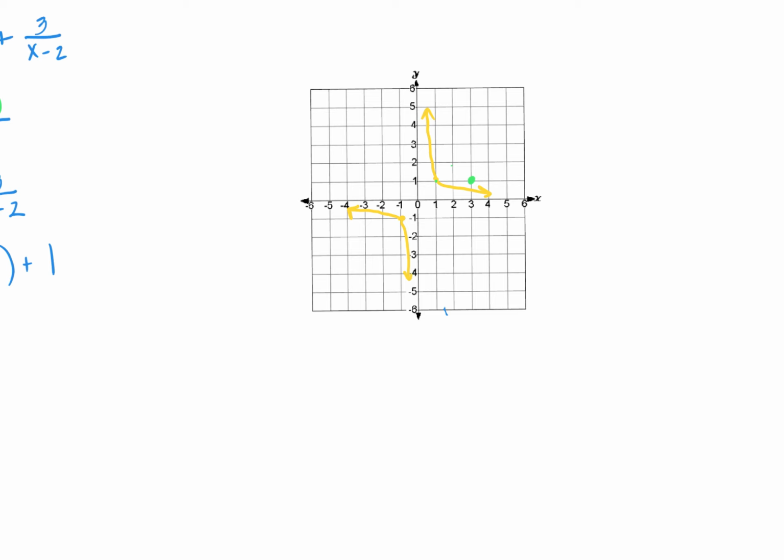I'm going to shift negative 1, negative 1 over 2, so it's at 1, negative 1. However, remember, we're also shifting our asymptote as well. So it's not x is equal to 0 anymore, it's x equal to 2. I'm going to sketch that in.